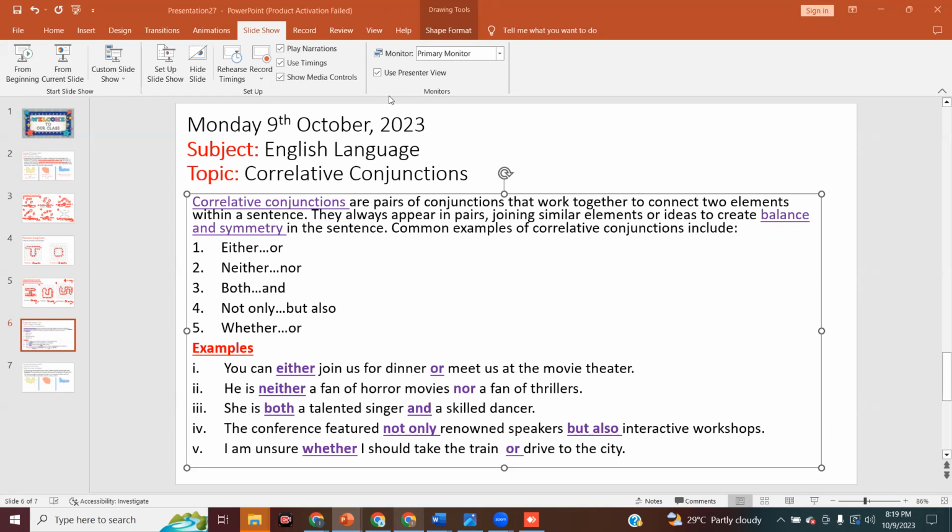They work as a pair. So create a sentence, put it inside the chat, using any one of the 5, and put your answer inside the chat for me, please.